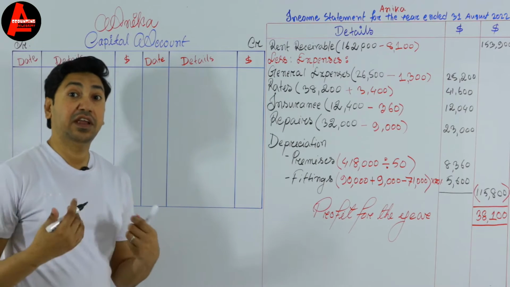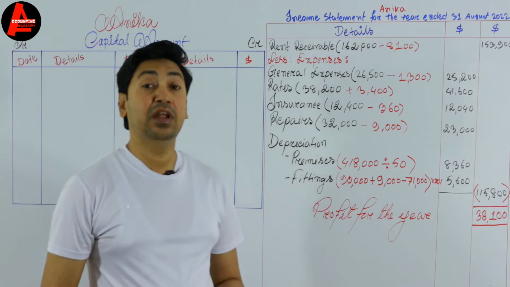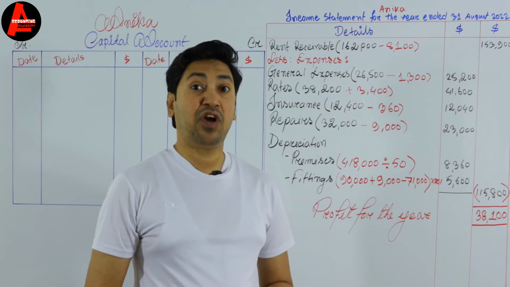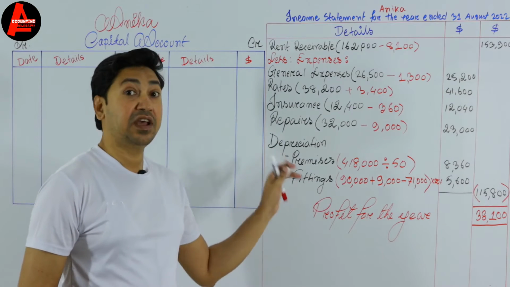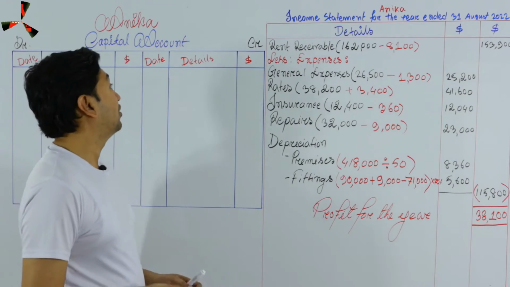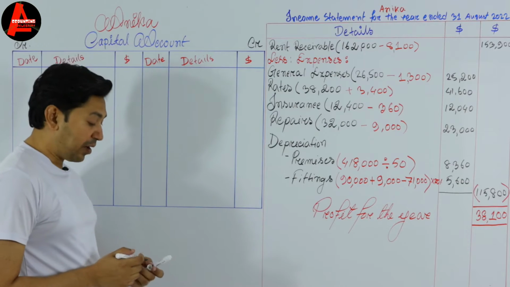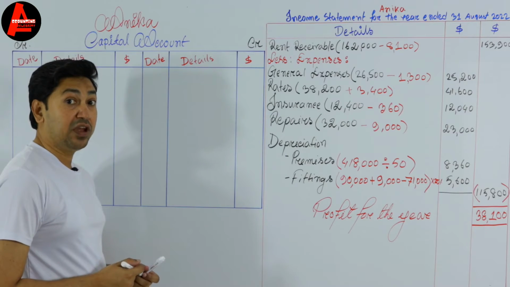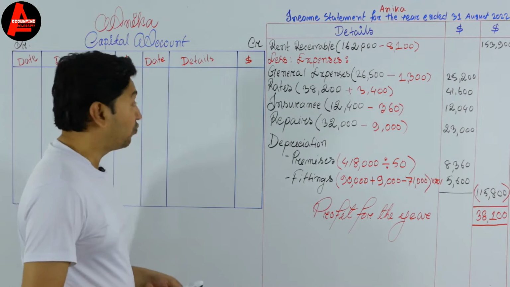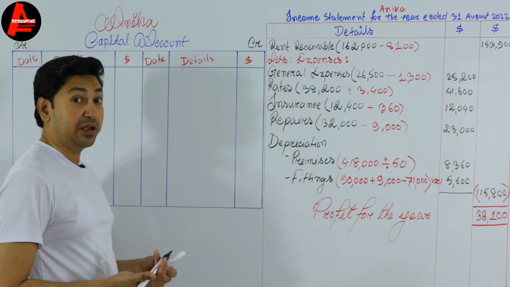Capital is a normal credit account, so we will write capital on the credit side. It is an internal liability for the business. First of all we will write capital. In the question we have capital of $400,000, so first we write the opening balance.